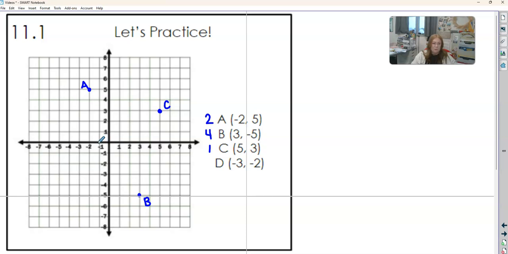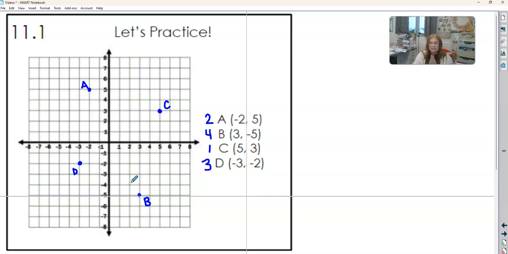So we're going over 1, 2, 3, and then down 2, 1, 2. Right there is D. So when we're counting the quadrants, we start in the right corner, the positive, positive, and we go around backwards there. So this is quadrant 3.